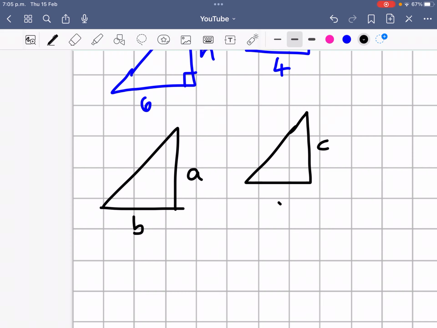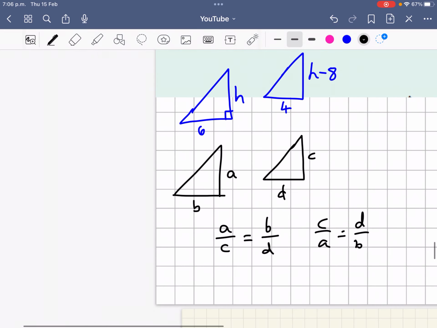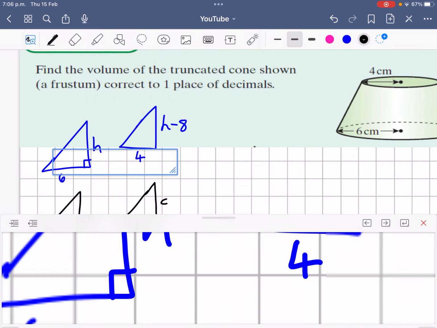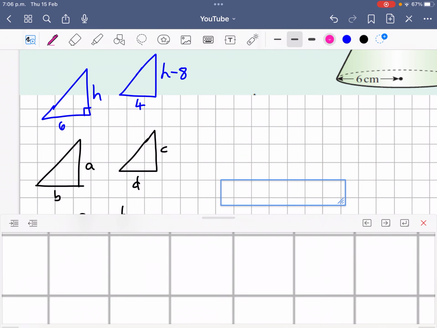So if we call this C and this D, what you could say is A over C is the same ratio as B over D. Or you could do it the other way around. C over A is the same ratio as D over B. And we're going to use that idea to help us find h.